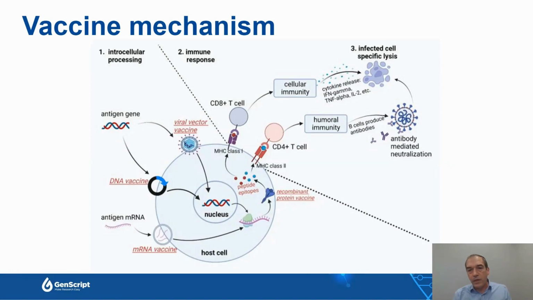These peptides are incorporated into the MHC class 1 and class 2 complexes, and they're presented to the T cells. When T cells encounter these antigens, they get activated, and correspondingly, they create cellular immunity or humoral immunity. So this is the typical vaccine mechanism.